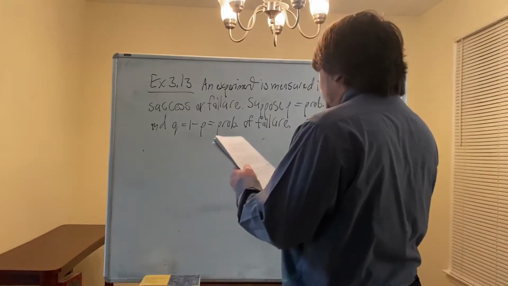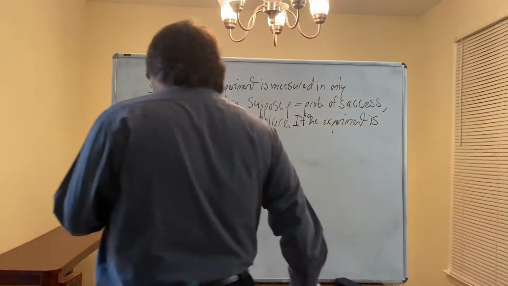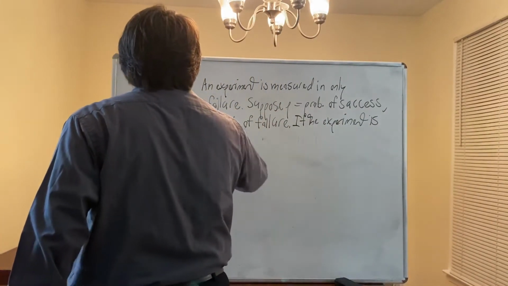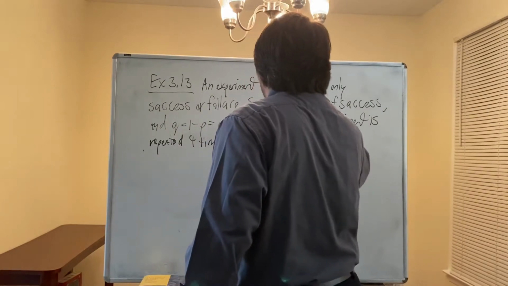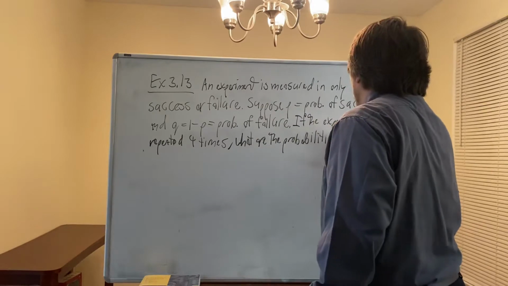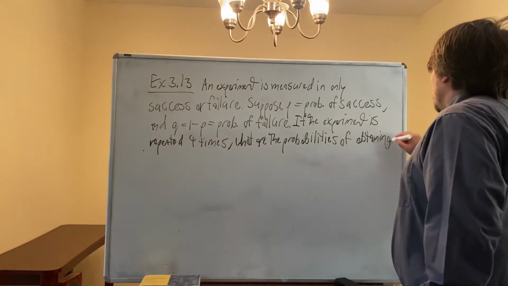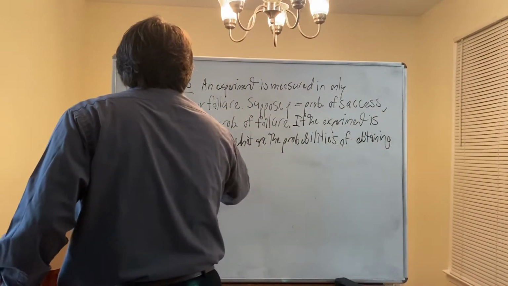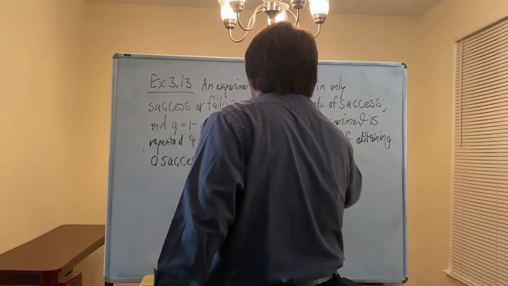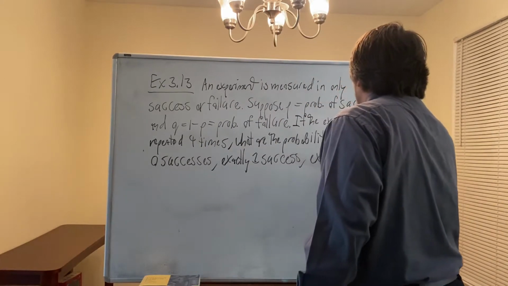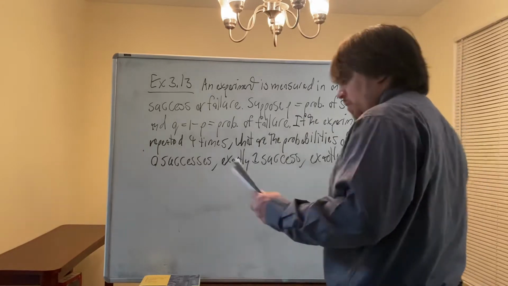If the experiment is repeated 4 times under identical conditions, what are the probabilities of obtaining zero successes, exactly 1 success, exactly 2, exactly 3 successes, and exactly 4 successes?